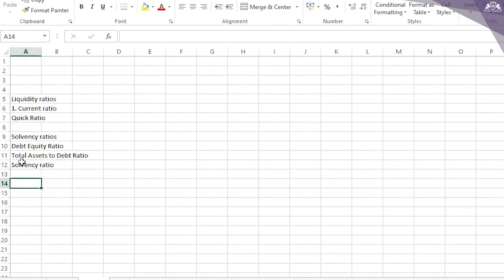Then for activity ratio, we did stock turnover ratio, we did debtors turnover ratio, and we did working capital.